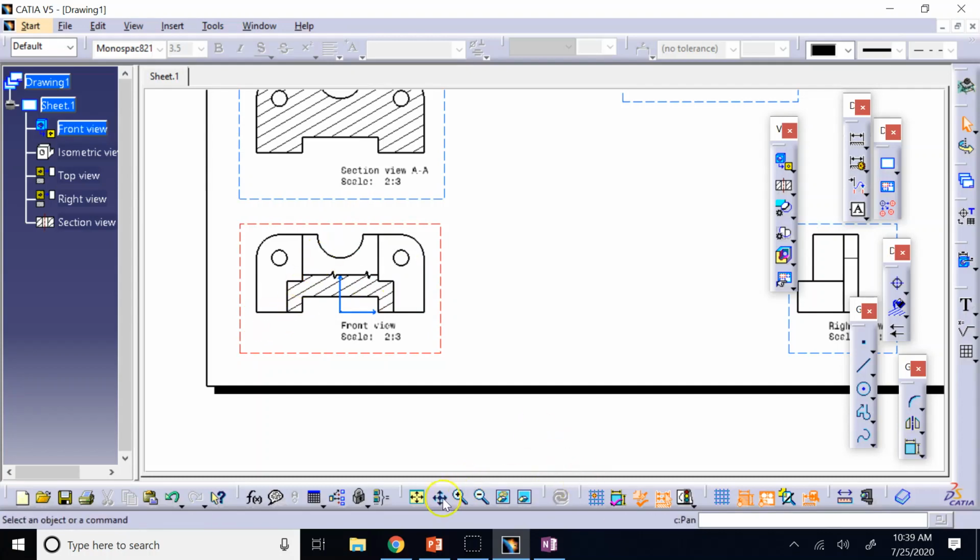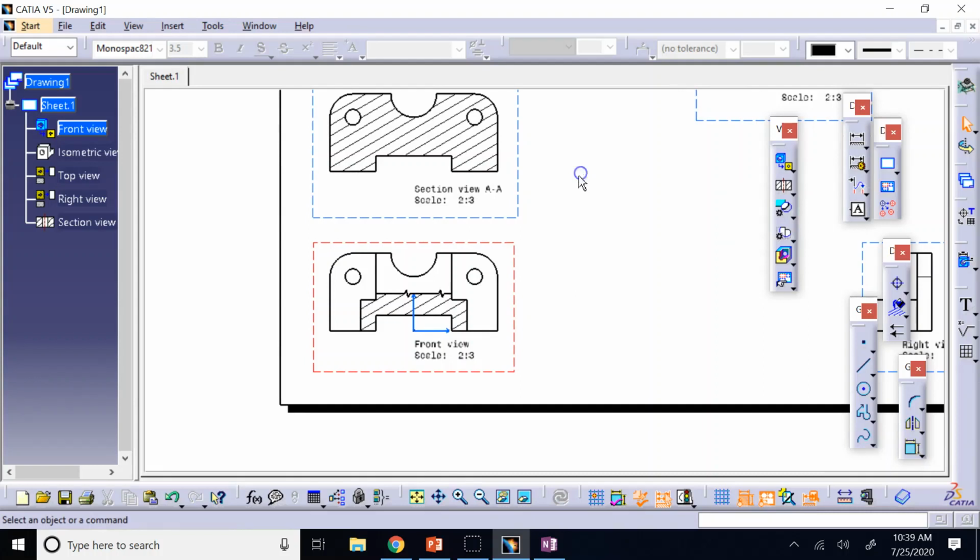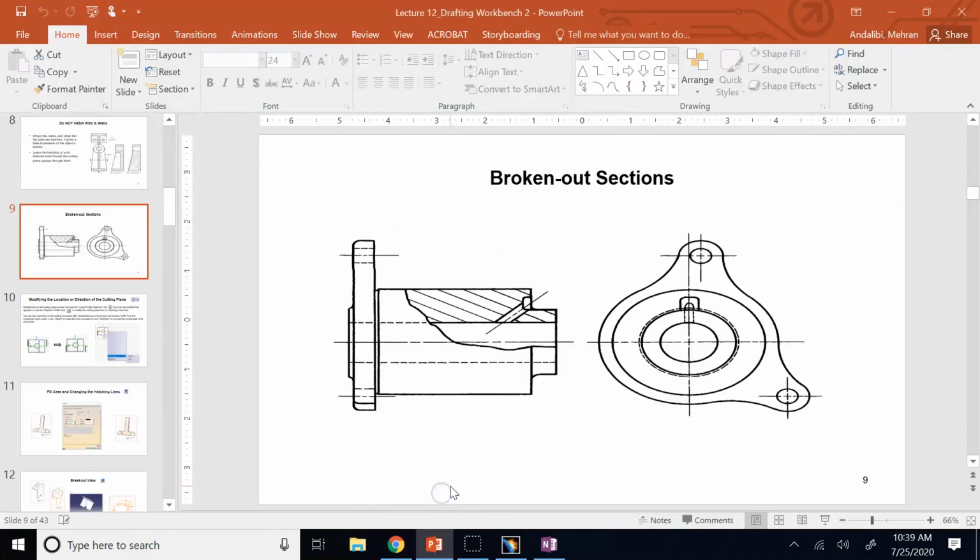Okay, so the reason I could do it here is because this portion of the part is sticking out of the part, so it could cut it like at some point here. But if I moved it further back, then you see it did cut the whole object. So this is not a super convenient tool to use, but that's what we have in CATIA.